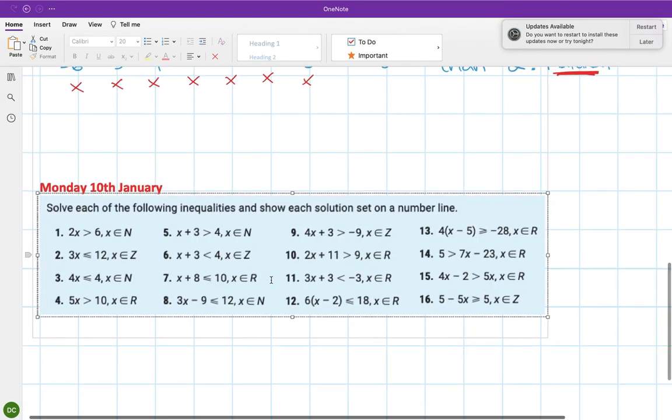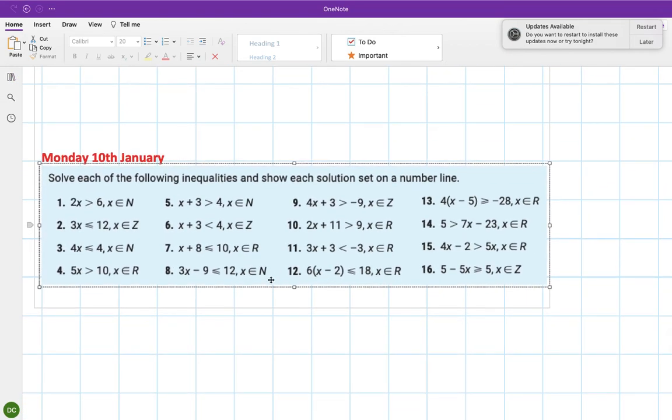I'm just going to pick out a couple of these. So let's do 8, 9, 12, 13.